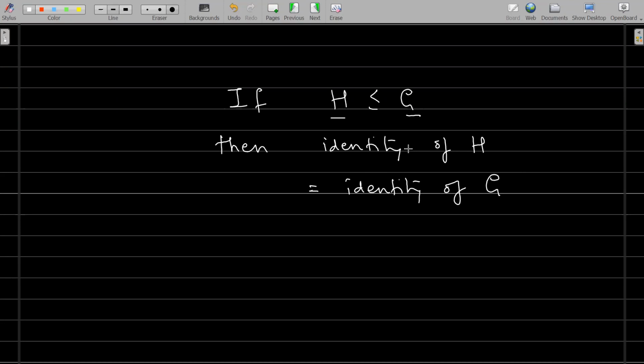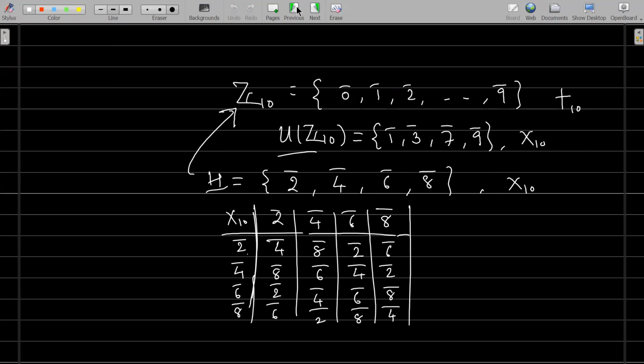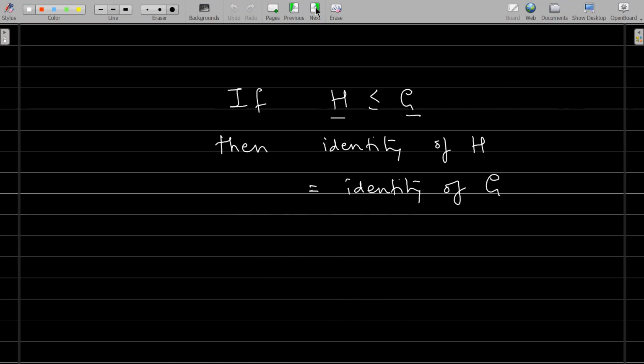Under the same operation, it should be itself a group, right? And we saw it can happen that H is a subset of the original thing, but something different may work as identity. Here the example was that this is not a group under multiplication, so the identity may turn out to be different. But once G is a group and H is a subgroup, the identities must be the same.